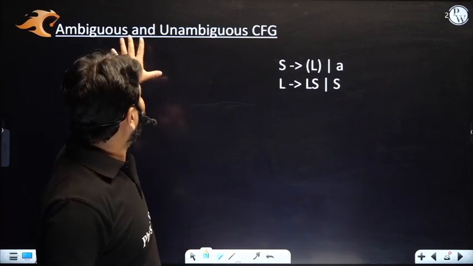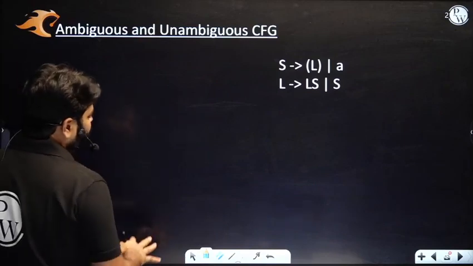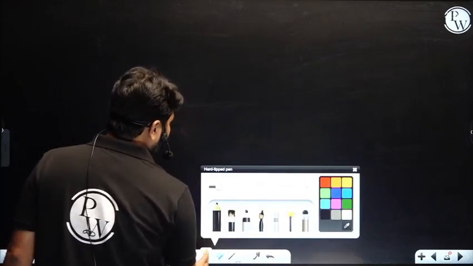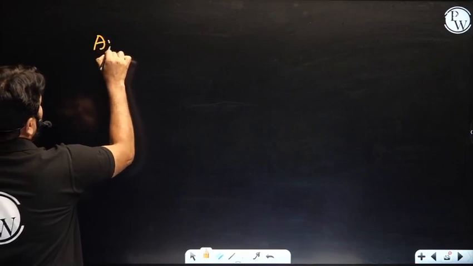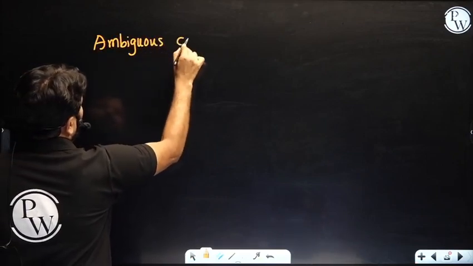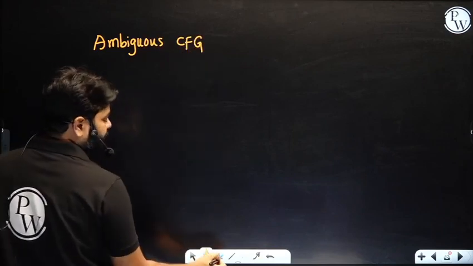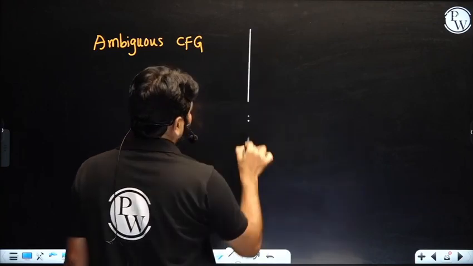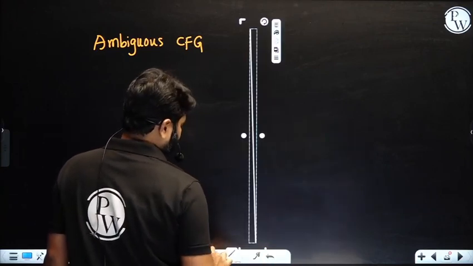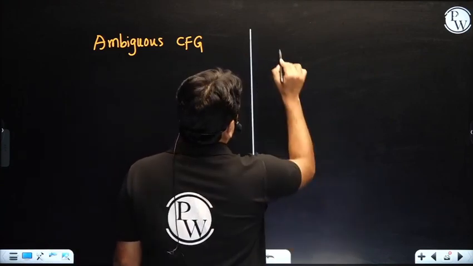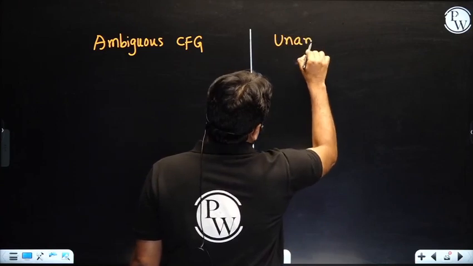Now let's say the grammar is ambiguous. Let me write the definitions first. What is ambiguous grammar? And unambiguous grammar.